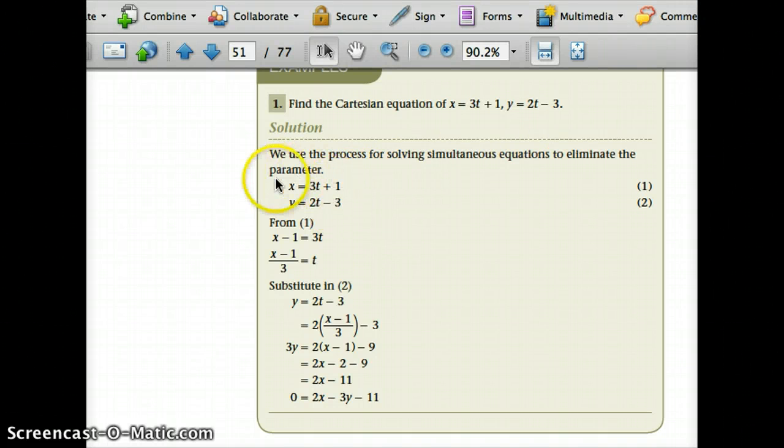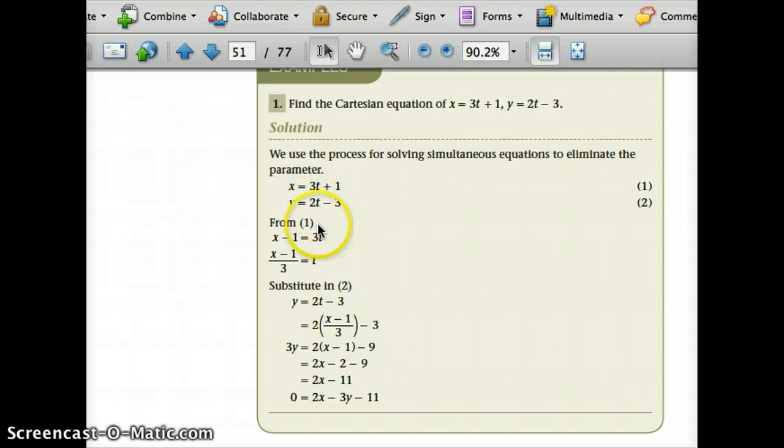You choose one equation, say the x equation, and you solve it for t. So there's the x equation, and here you can see that it's been solved for t. Once we know what t equals in terms of x, all we do is put that into the y equation for t.